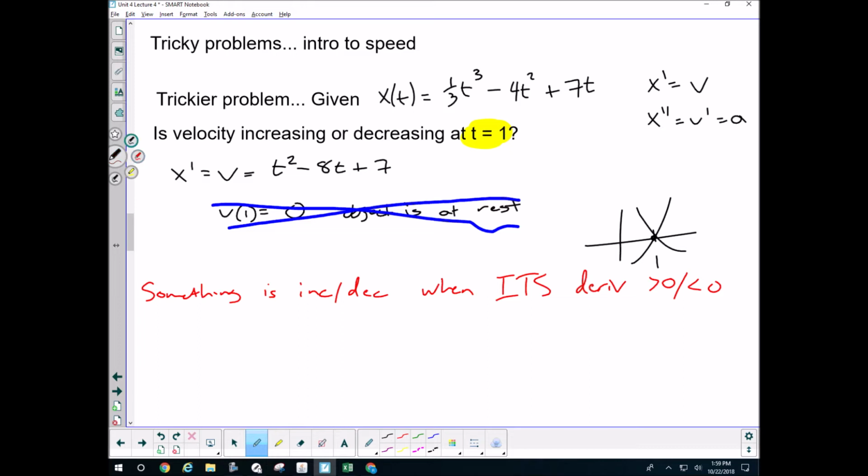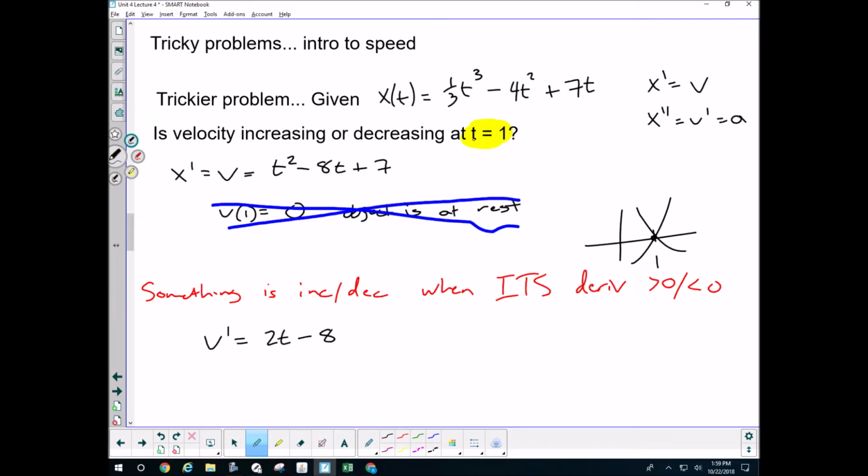Okay? So, we would have to look at the derivative of velocity. Now, the derivative of velocity is acceleration. I actually don't care. When it pertains to this problem, I'm just going to look at the sign of the derivative of velocity. And the derivative of velocity is 2t minus 8.